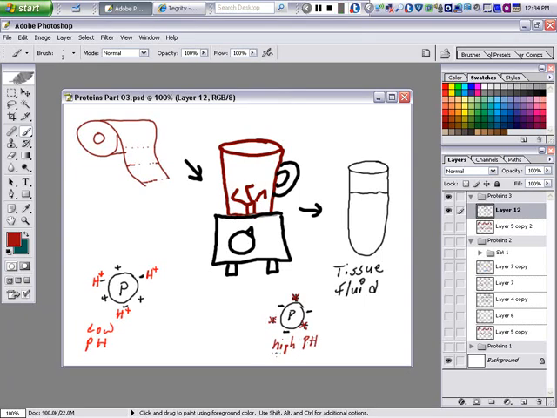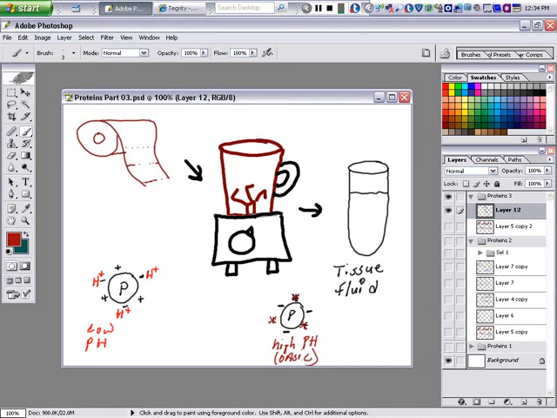A lot of times scientists will say this is a basic protein, and if they say a protein is basic, they're just saying this protein is very negatively charged. If they say a protein is acidic, it means it has a lot of positive charges on it.